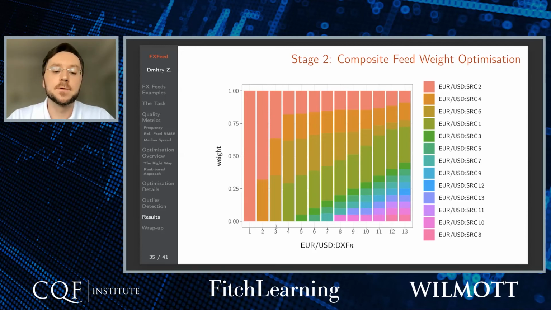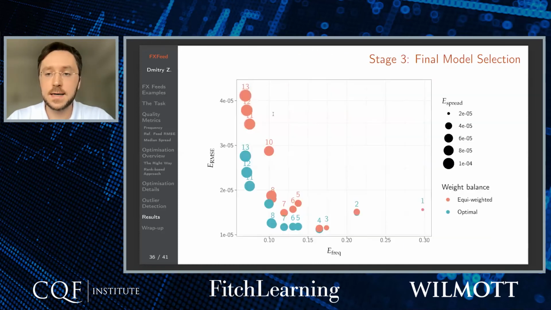And for instance, model number 3 has weights almost equally distributed among all the source feeds. Finally, we have to select the model that we think is appropriate, and that's the toughest part because it involves manual analysis, if you will.